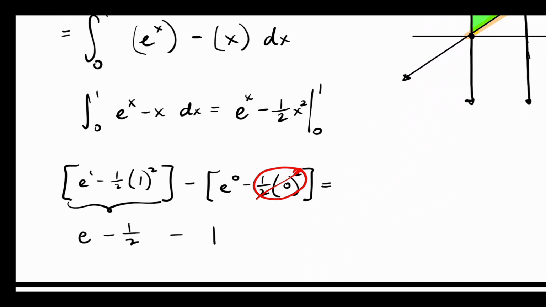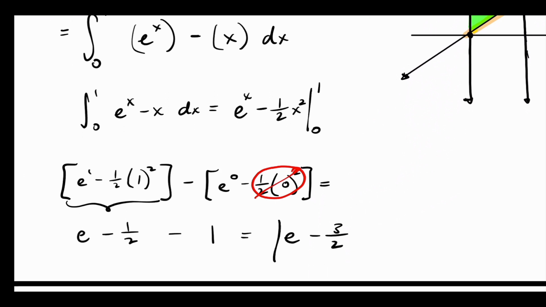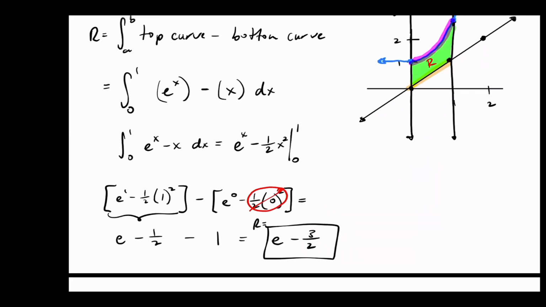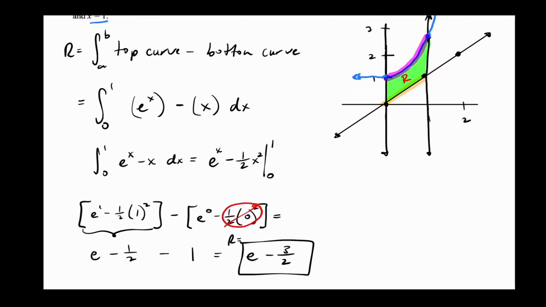So it's really e minus 1/2 minus 1, which is e minus 3/2. And you were done. That's R. That's the area under the curve.